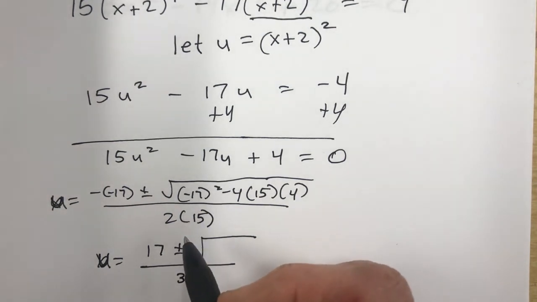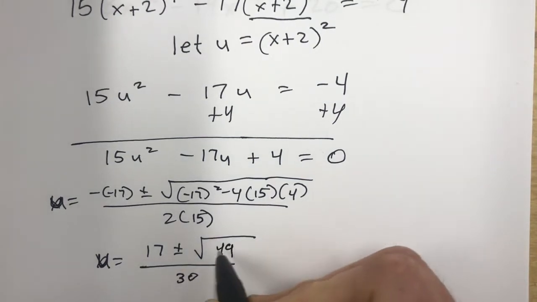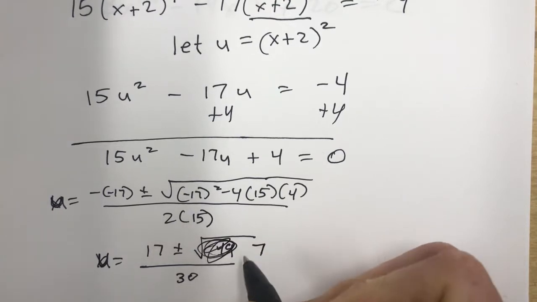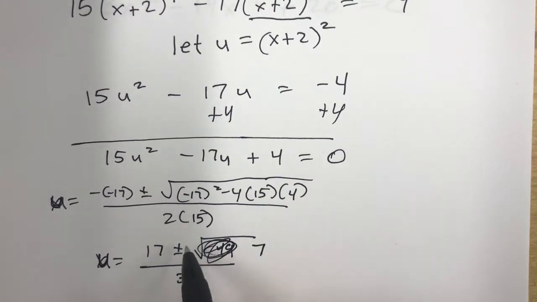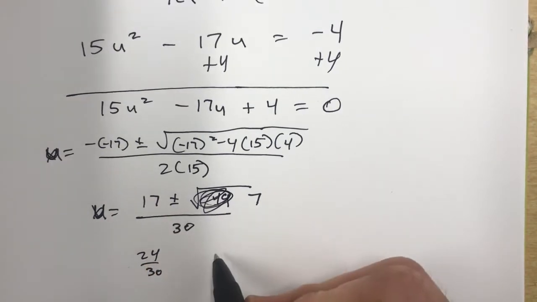And let's see here, 17 squared minus 4 times 15 times 4 is 49. And the square root of that's 7, so I'm just going to mark this out and put a 7 here. So it's 17 plus 7, which is 24, divided by 30. Okay. And it's 17 minus 7, which is 10, divided by 30.